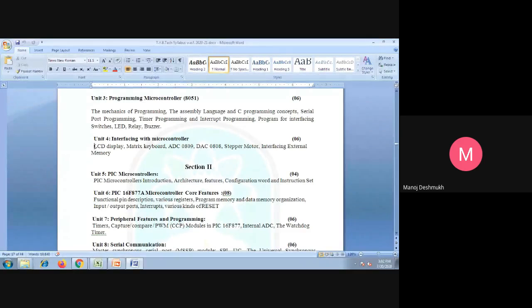Here we are discussing only the interfacing of various components like LCD, keyboard, ADC, DAC, stepper motor, and interfacing external memory if required.